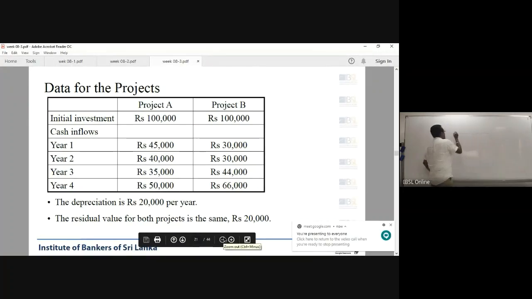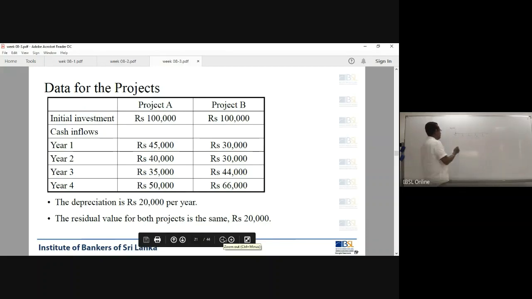So we have the investment. Initial cost is 100,000. Right? It is a cost, a cash outflow. We say negative. Years 0, 1, 2, 3, 4, like that.